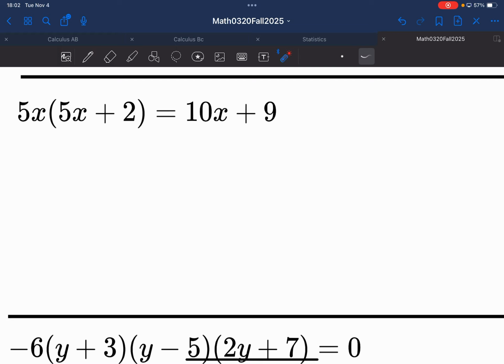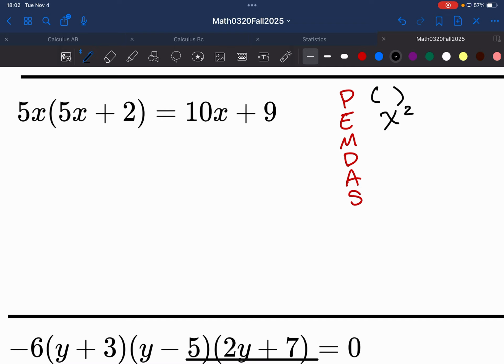The parentheses, right. Do you guys recall PEMDAS? Yes. Okay, PEMDAS stands for parentheses. Exponents. Exponents, good. So exponents, so think like x squared, right?